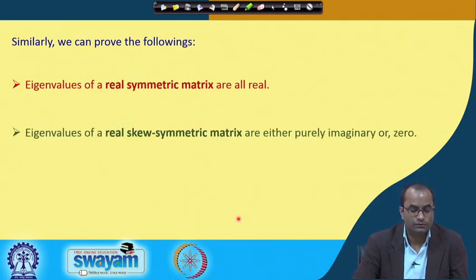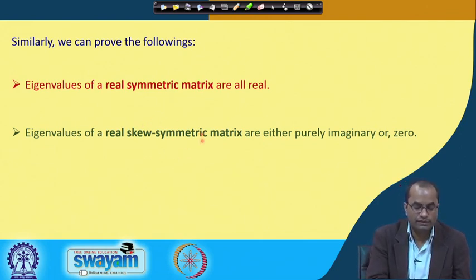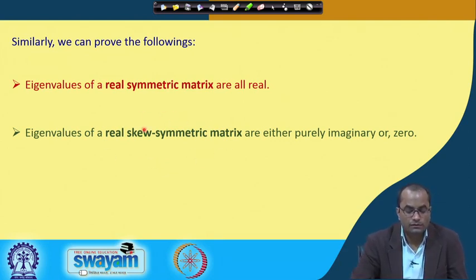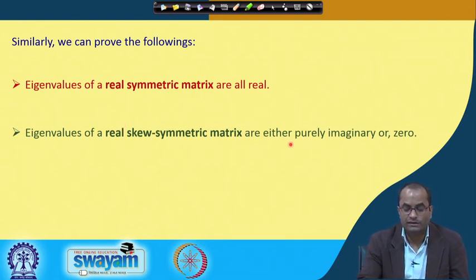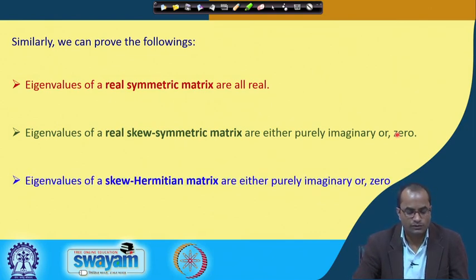And for a real skew symmetric matrix, that means A transpose is minus A, the eigenvalues are purely imaginary. This is also interesting: the eigenvalues of such matrices are either purely imaginary or 0. Those are the two possibilities, which again we can show by following the earlier proof.